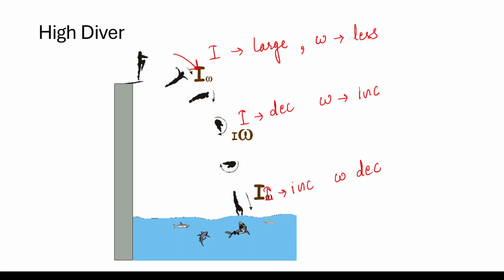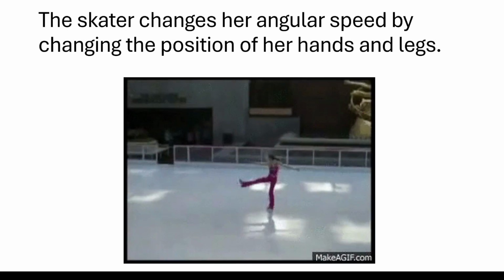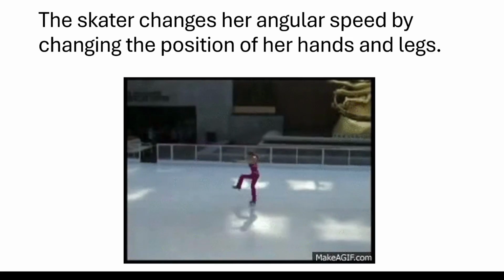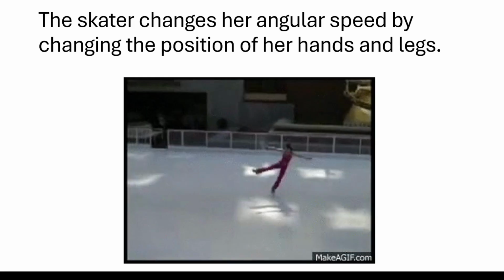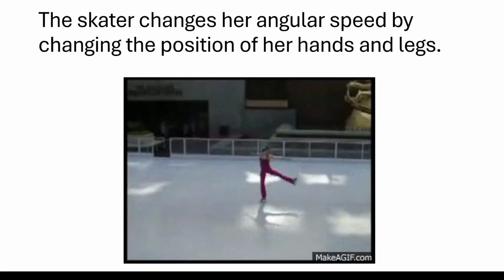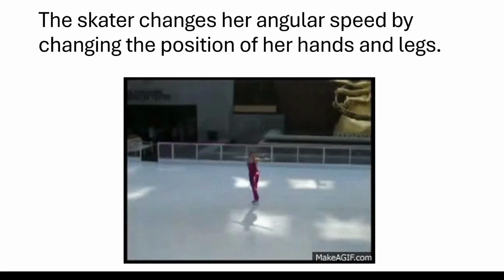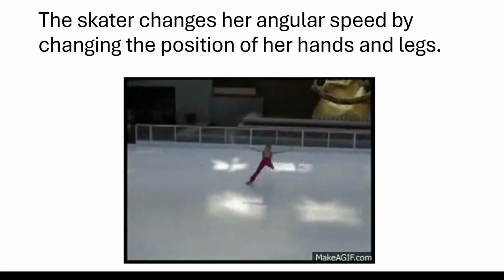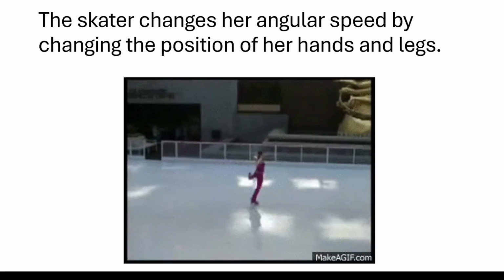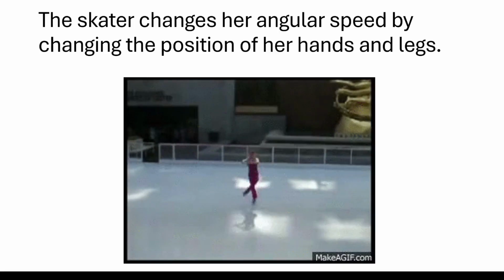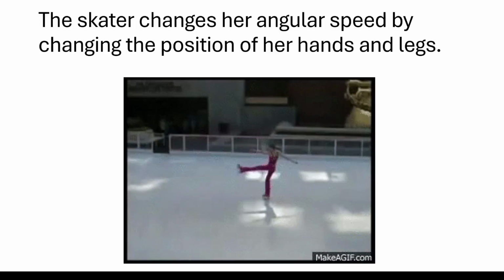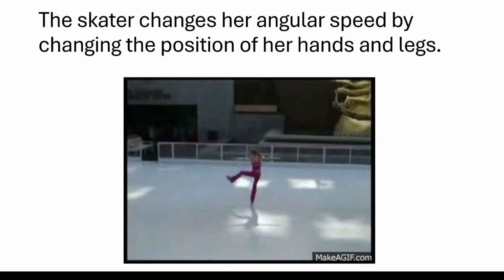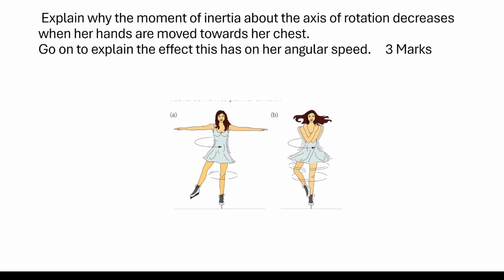Now, so this is what's happening. Now see this one. What the skater does is bring the mass very, very close to the body when he wants to increase the speed. So he brings the limbs closer to the body and decreases I, and omega increases. Now, one of the exam questions would be something like this.